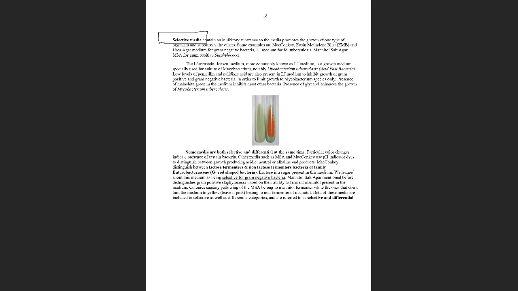What type of carbs are present, what types of minerals are present, is there any specific amino acid present or not, what is the pH of the medium. There are so many features that we use to make different types of media selective.